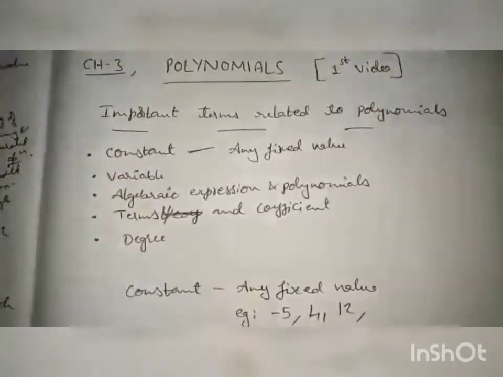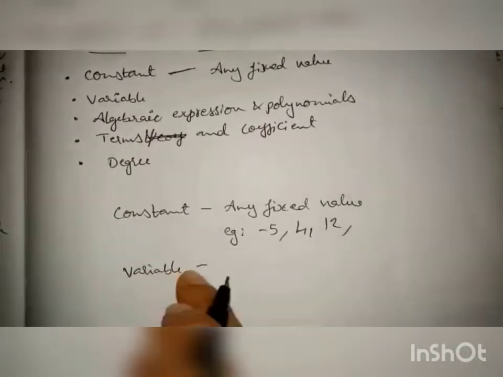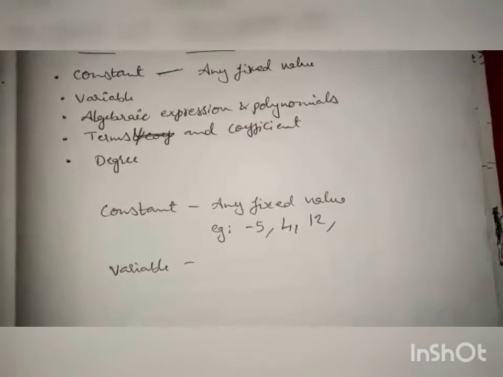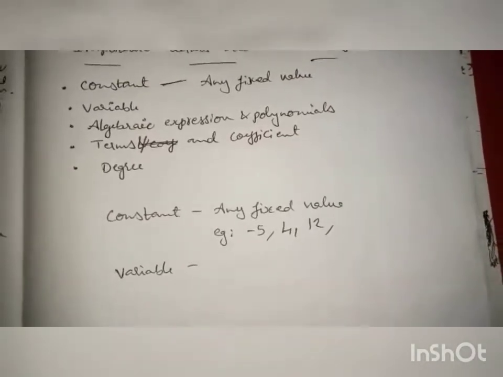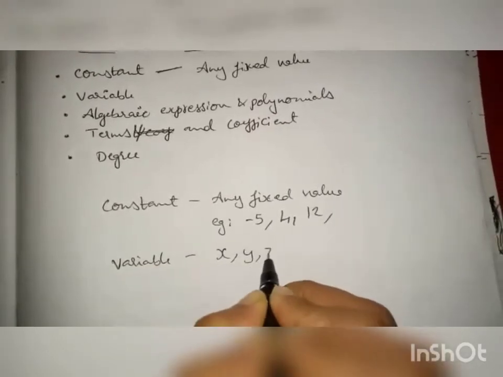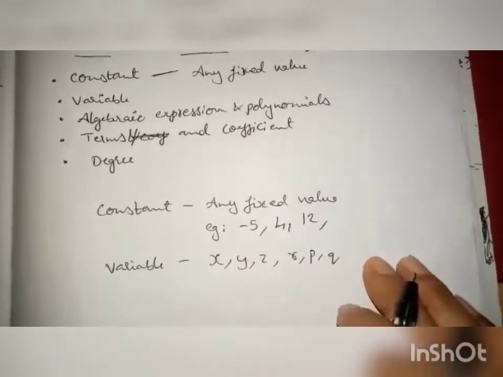And what is variable? The name itself mentions variable, varying. It will change. Variable means we will take x, y, z, r, p, q. These are all called variables.